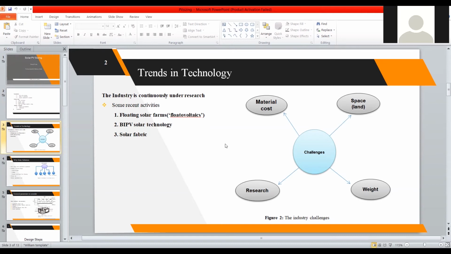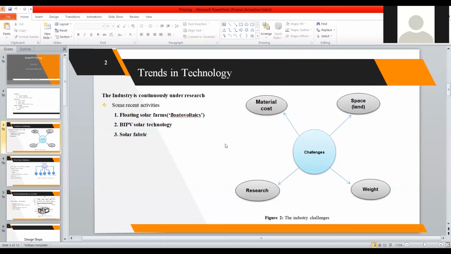Then there are also challenges of space or land. There's limited land to put up solar power plants. Then material cost. Processing of silicon is one of the most expensive processes when it comes to manufacturing. Then research as well, how much people know about the technology, is another challenge.